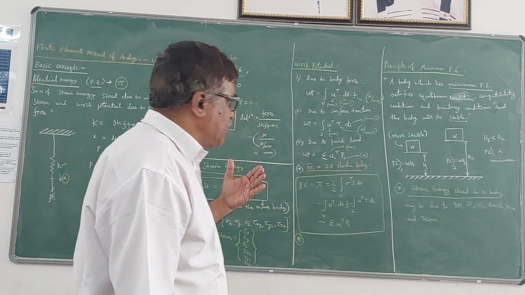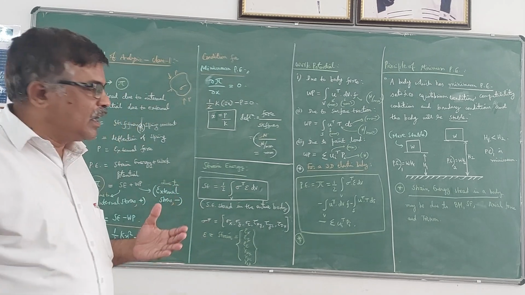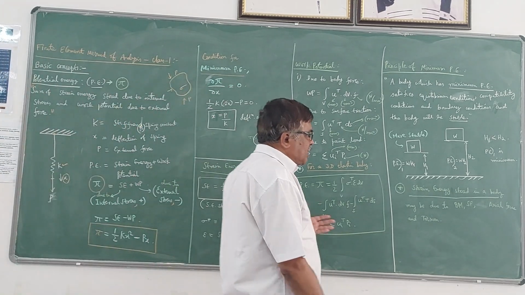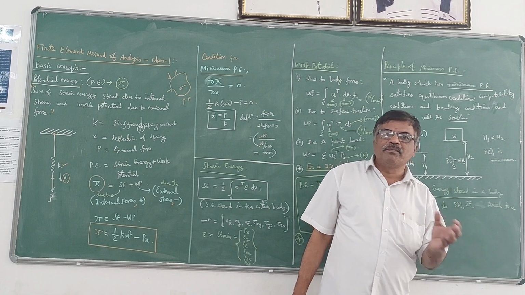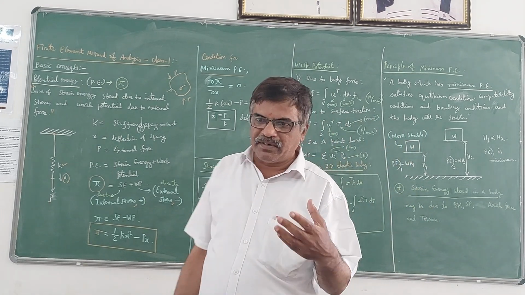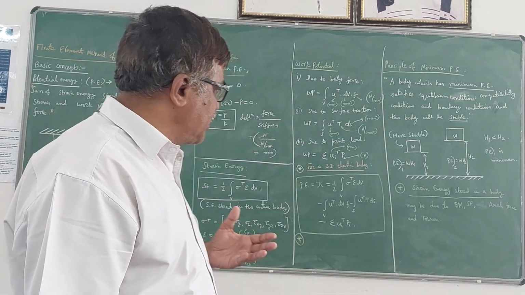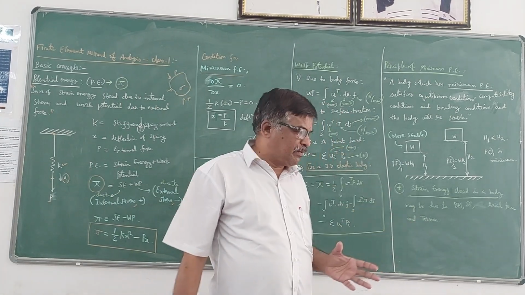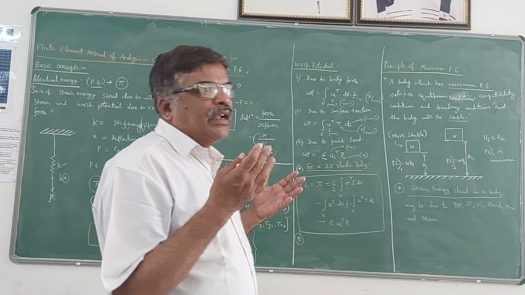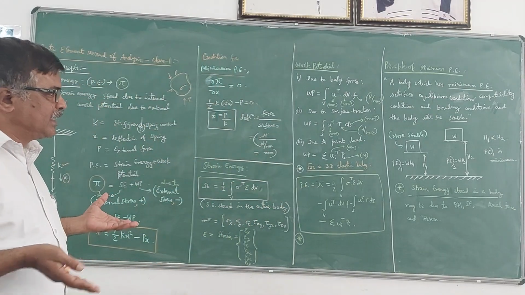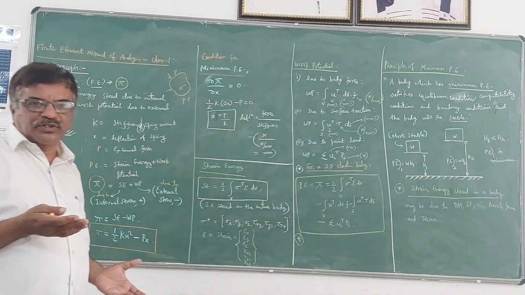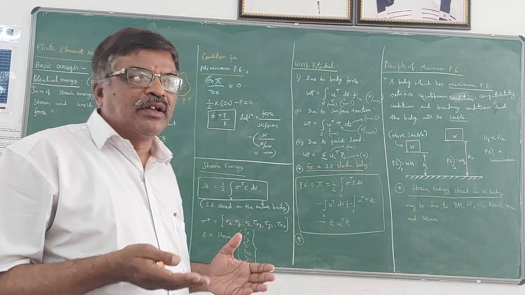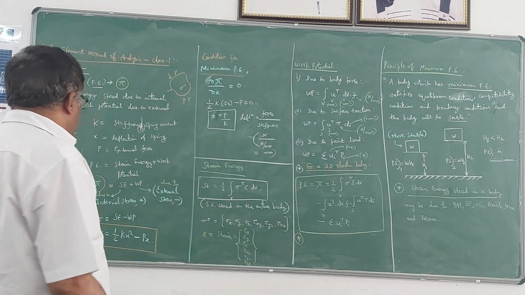It may be due to bending moment in the case of beams, shear force also in the case of beams, axial force in the case of an axial member like a truss or a pin jointed frame element, and it may be due to torsion in a twisting element. So you will have different expressions for the strain energy stored due to these. You have learned about all these in structural analysis in your BE course.